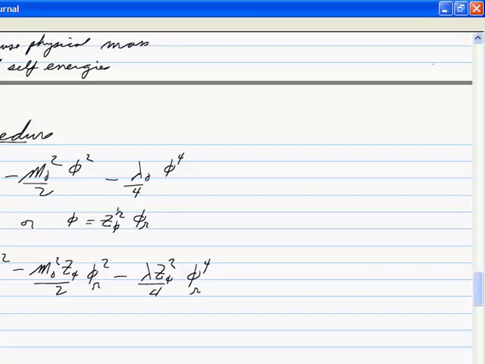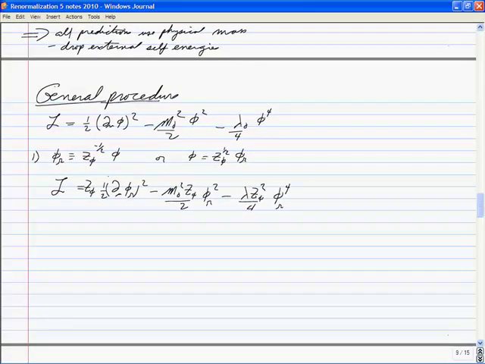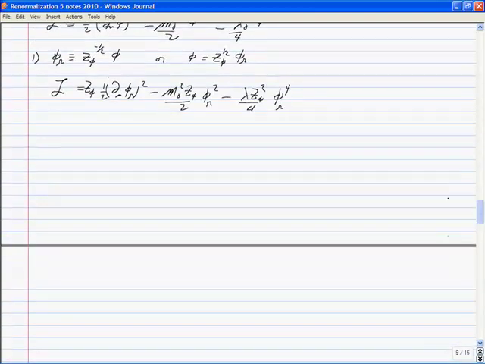In the end, they have to be chosen to be the properly renormalized fields. Step 2 is to use the correct mass and coupling constant.